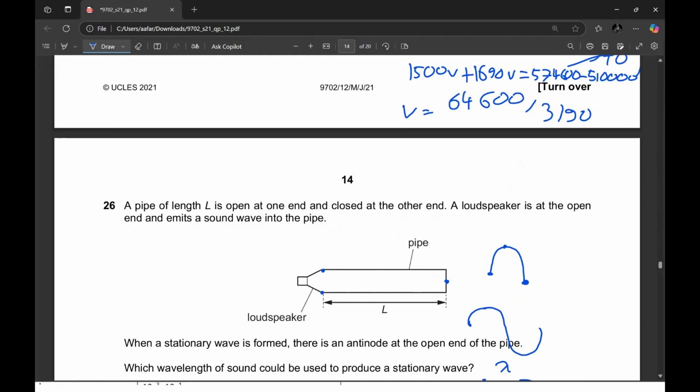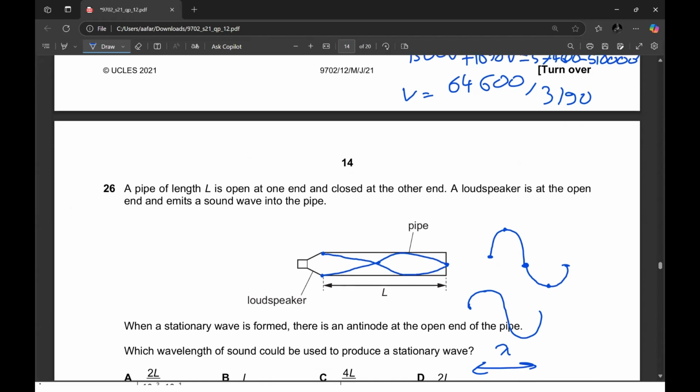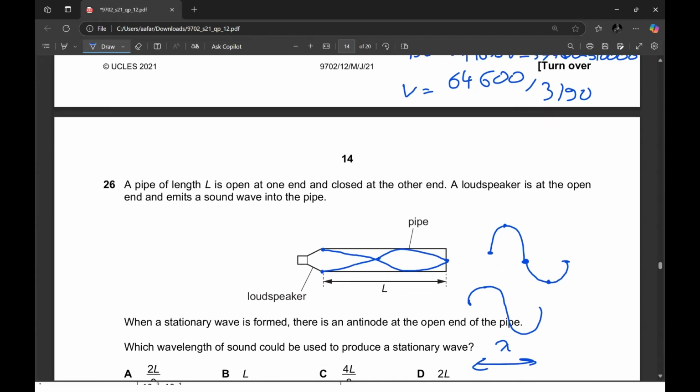This is impossible. But this can be, we have two nodes.